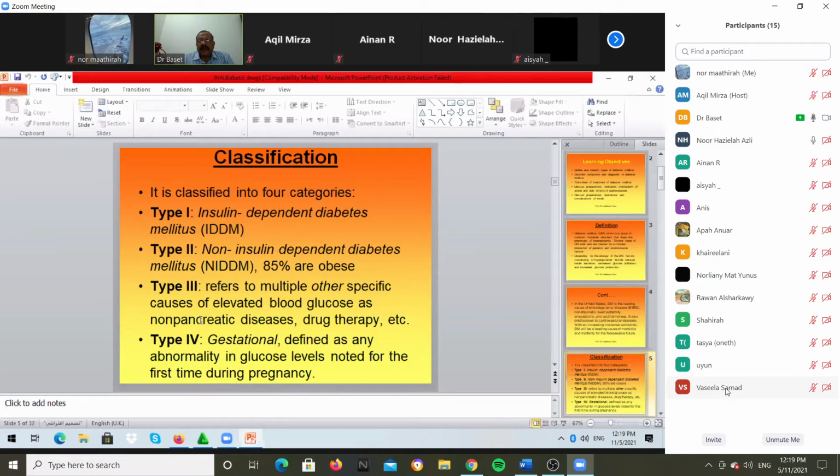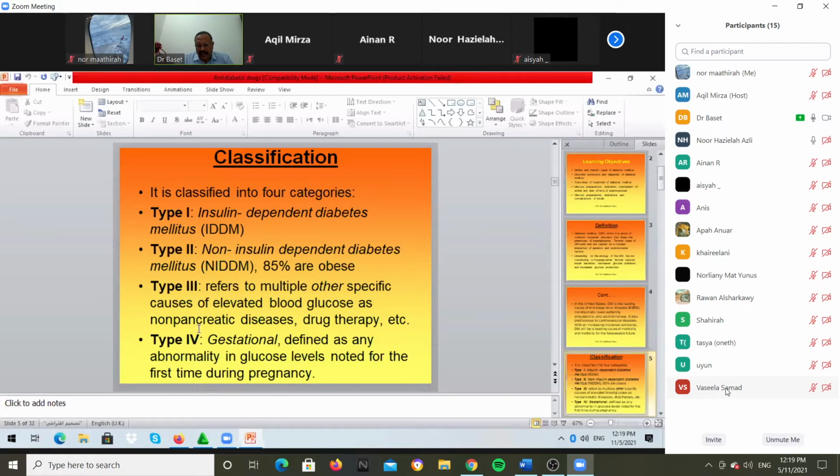What about type 3? Type 3 may be diabetes related to multiple other specific factors or causes of hyperglycemia, but these causes are non-pancreatic.